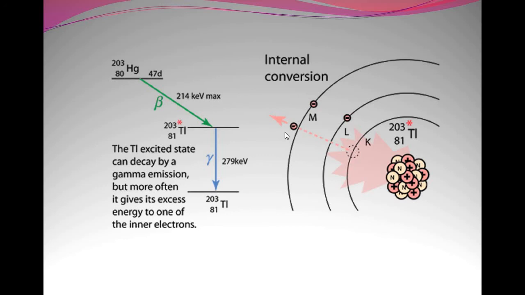So that electron is emitted, and this is internal conversion, and this is the normal gamma emission. And this internal conversion can be either from K shell, or that energy can be given to one of the L shell electrons. All is possible. So this type of emitted electrons are due to internal conversion.